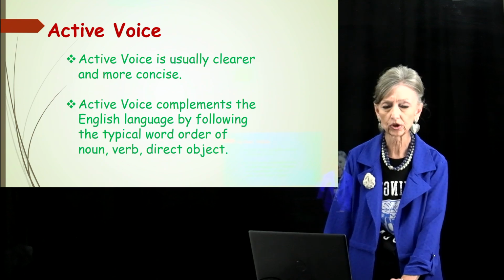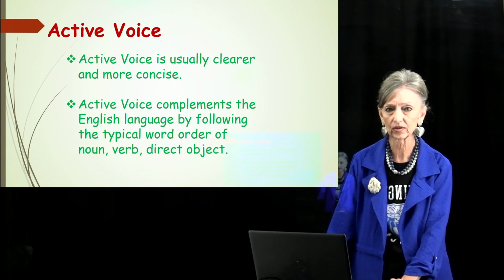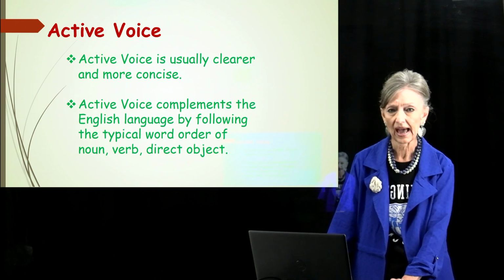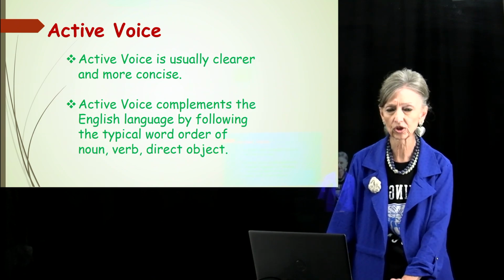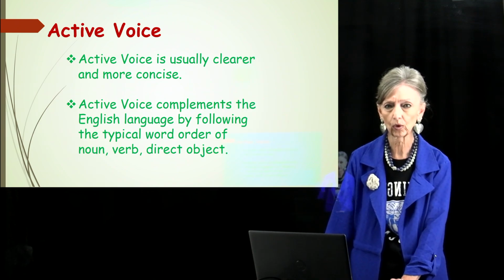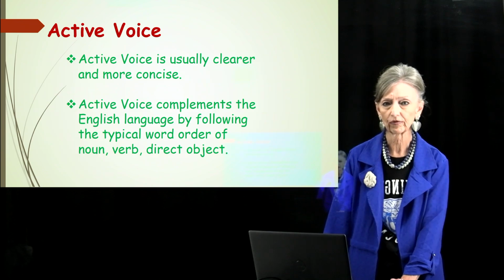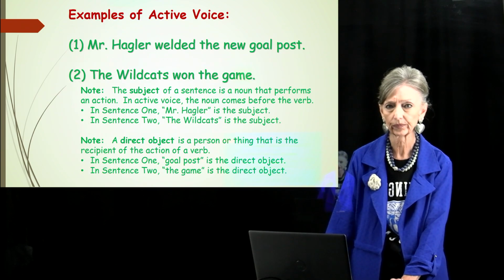Active voice is usually the best choice in writing because it's clearer and it's more concise. Active voice complements the English language by following the typical word order of noun, verb, direct object.